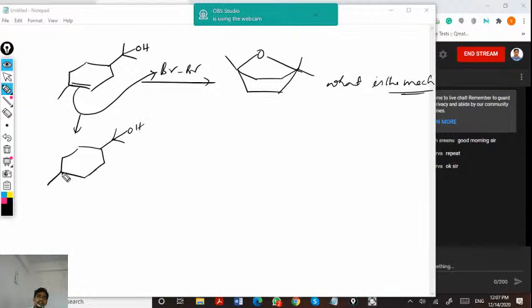So where is it going to attack? Bromine will attack on the less substituted position so that it gives the more stable carbocation. So more stable carbocation will generate accordingly. This is going to be stabilized by the NGP. So here also NGP is possible.